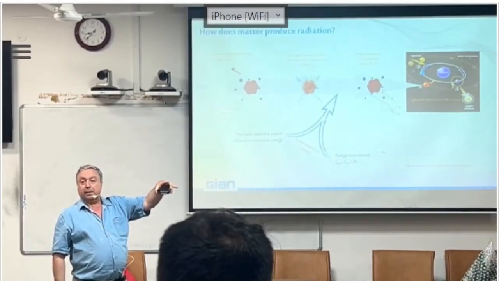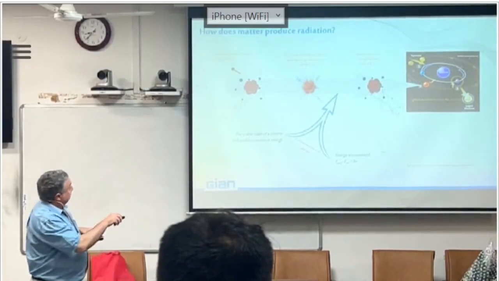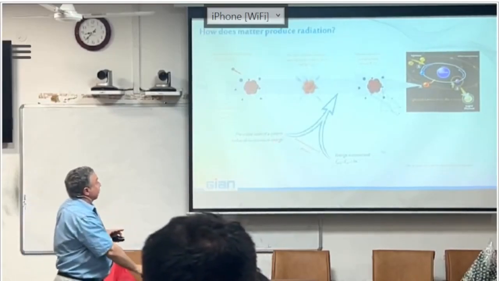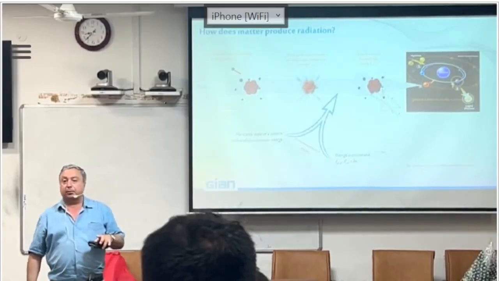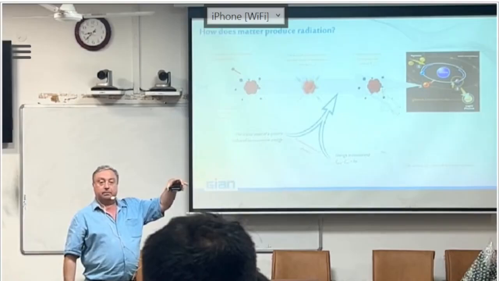Well, it's okay. But there is a very important physical principle which says that the stable state of a system is the state of minimum energy. Here the electron has accumulated energy. Okay?